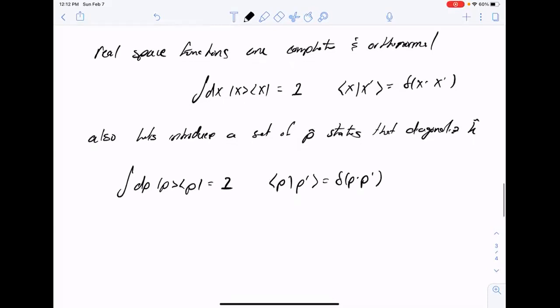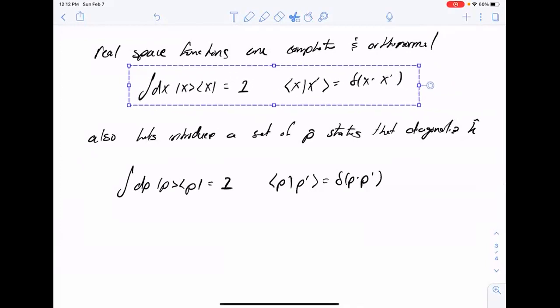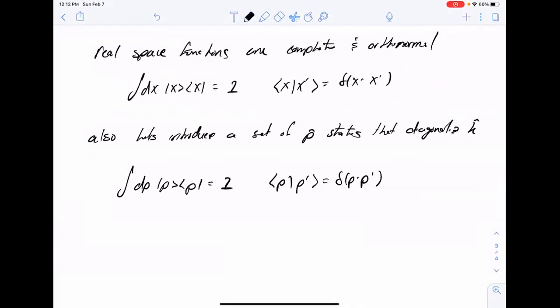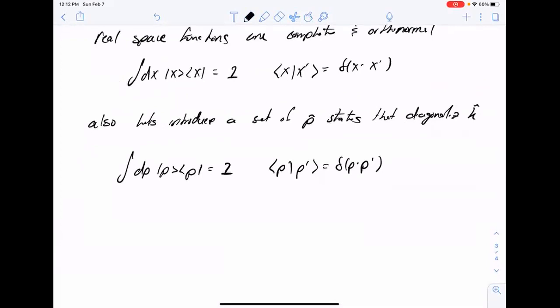And because we're introducing both real space and plane wave, or k-space, states, it will be useful to note the representation of a plane wave state in real space as a plane wave. Indeed, that's why we call it a plane wave state.